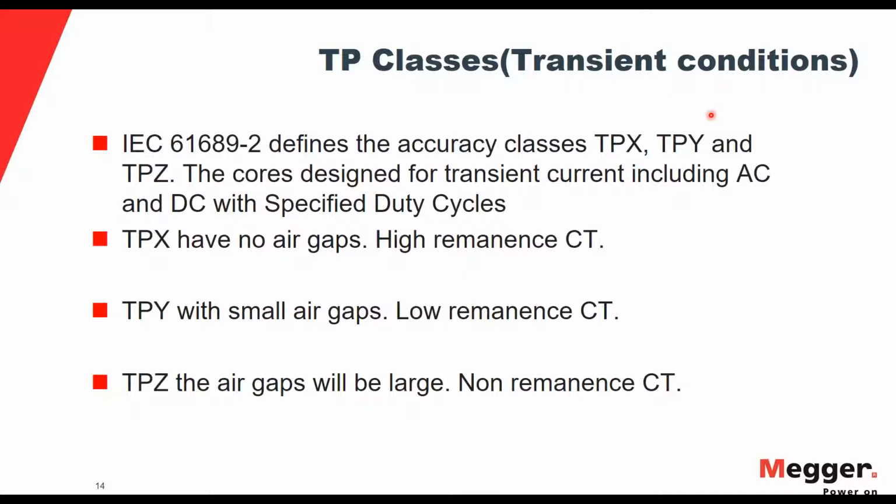When you go to any of these 3 classifications, you will find a lot of parameters. For example, TP, TS, the symmetrical short circuit current factor, and so on.